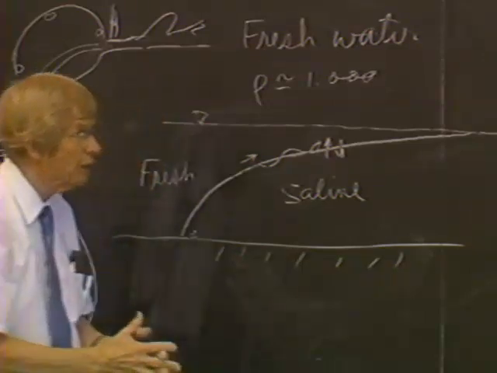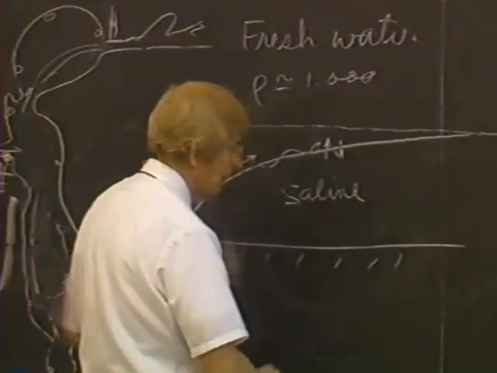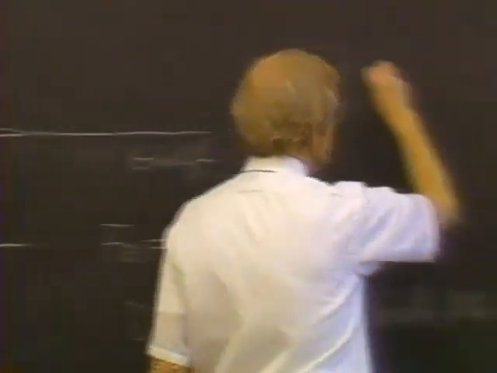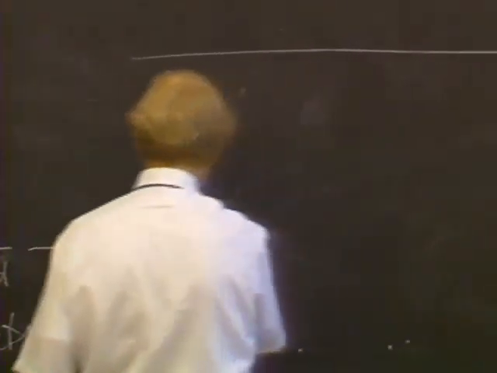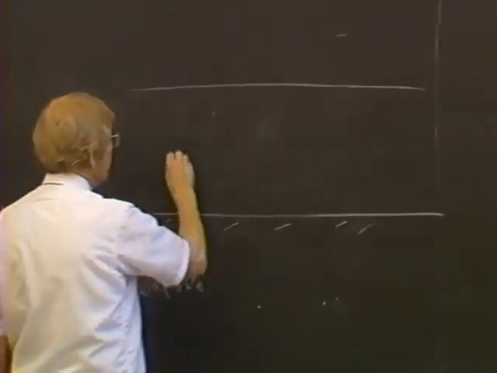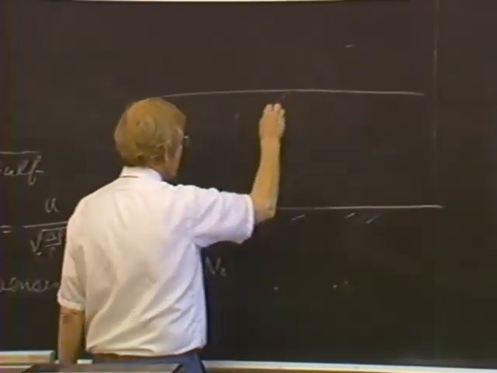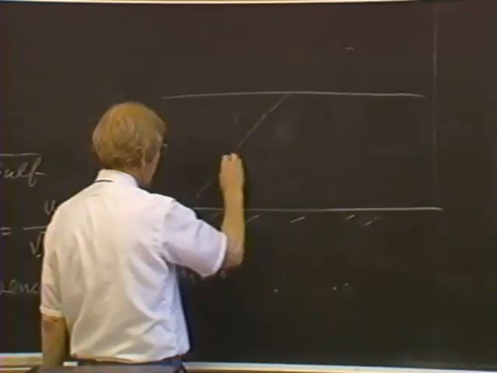So when you have a large tide range, then what you see instead of this kind of circumstance is that if we plot the salinity, what we'll find for a very large tide range is that the salinity profiles will look like this.